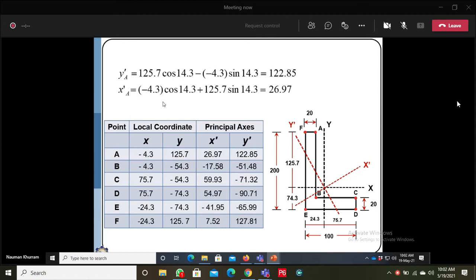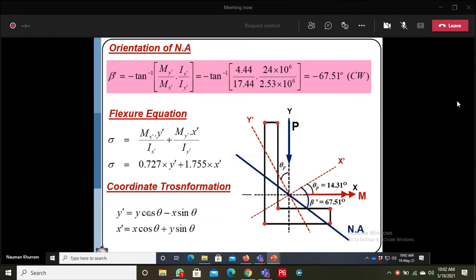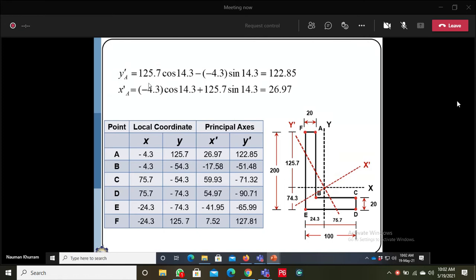Now here I have shown the sample calculation only for point A. In this equation, if you want to compute YA bar, YA is 125.7 times cos 14.3, which is theta p, minus XA, which is minus 4.3, so you substitute the value with its quadrant sign, times sine 14.3.